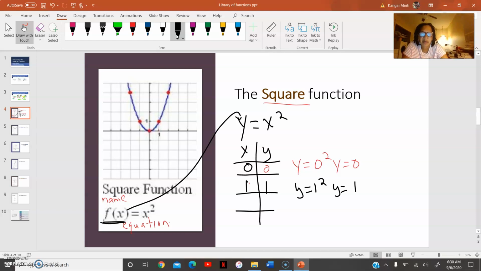Or I could put in something like 3, and y would come out to be what 3 squared is, which is 9. Or I could even put in something like 1.5, and y equals 1.5 squared. If we put that in the calculator, we'll get y equals 2.25.